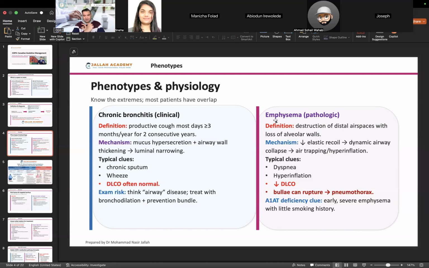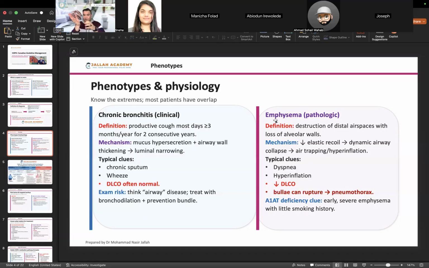In terms of emphysema, comparing to chronic bronchitis, it usually occurs in a younger age. When I say younger age, I don't mean like 10, 12, 11, I mean less than 40 or 45 years of age. And usually they may or may not have a history of smoking, as opposed to bronchitis.